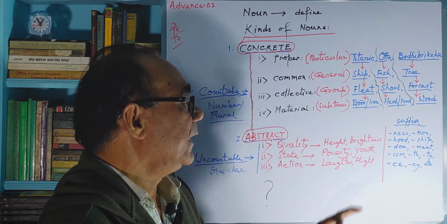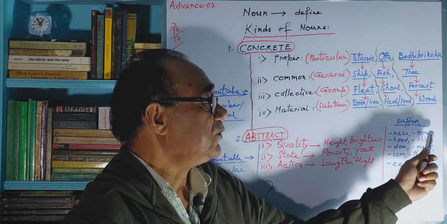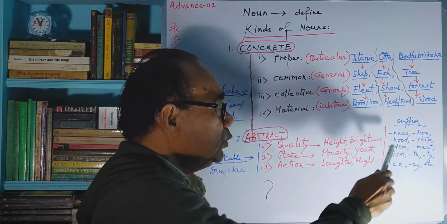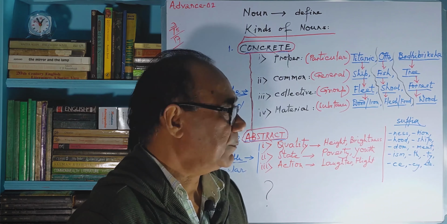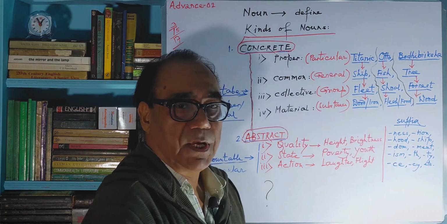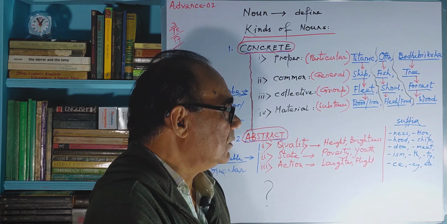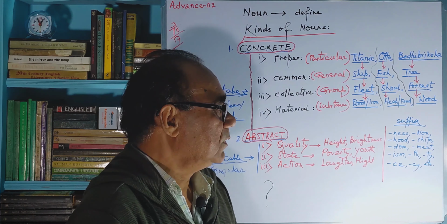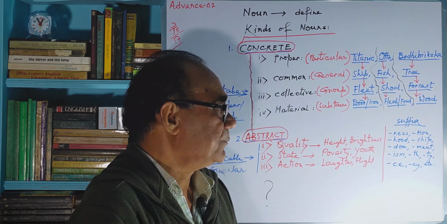Now an example. Ness means kindness. Tion, consolation. Hood, say childhood. Ship, friendship. Dom, say freedom. Then ment, announcement. Ism, Buddhism. Th, strength. Ty, quality.